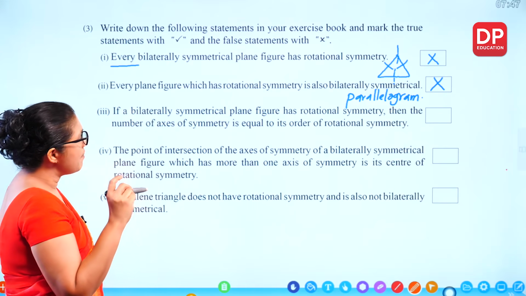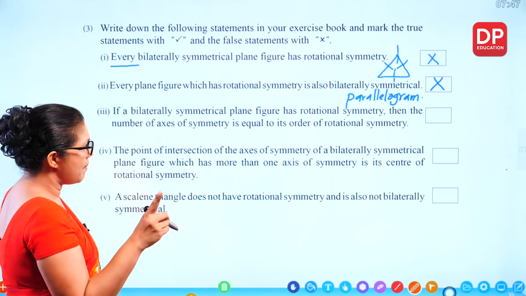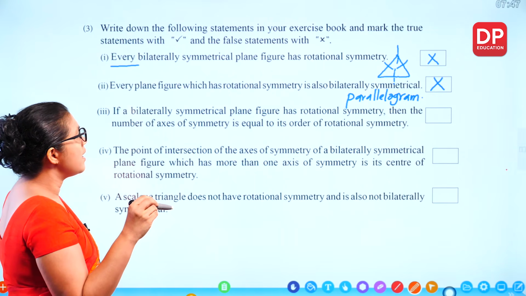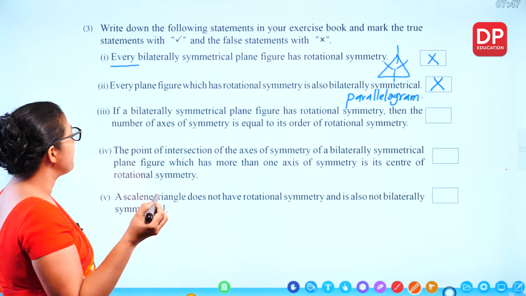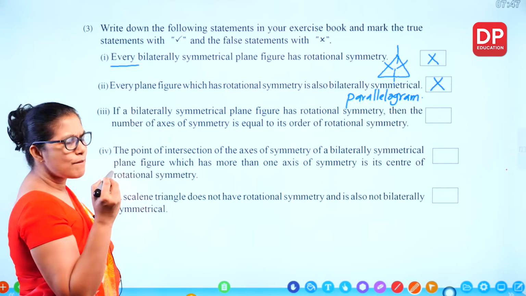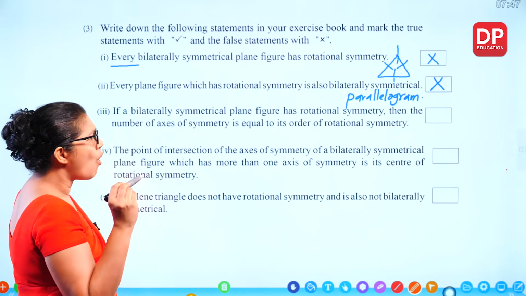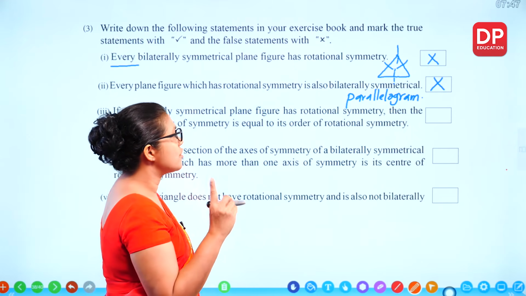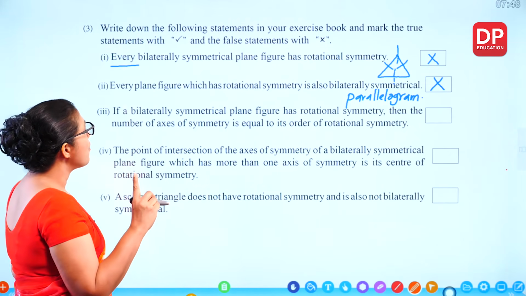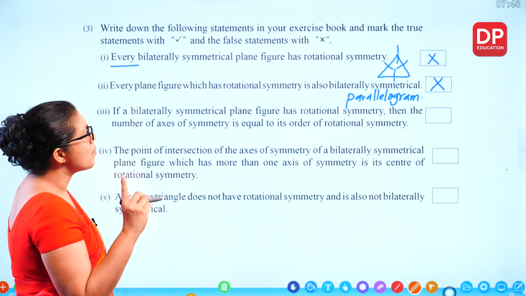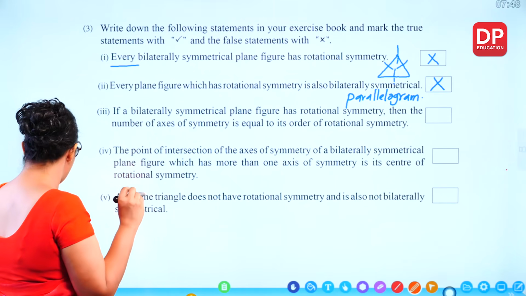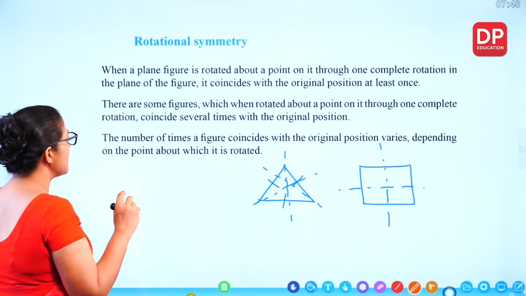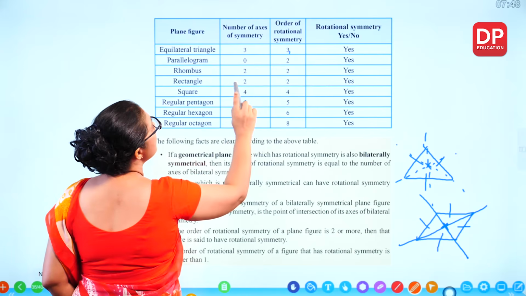If a bilaterally symmetrical plane figure has rotational symmetry, then the number of axes of symmetry is equal to its order of rotational symmetry. What do you think? Is it always equal? All regular figures, we found that all are equal.